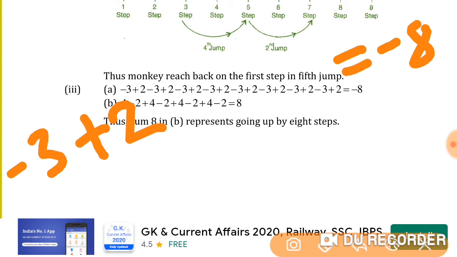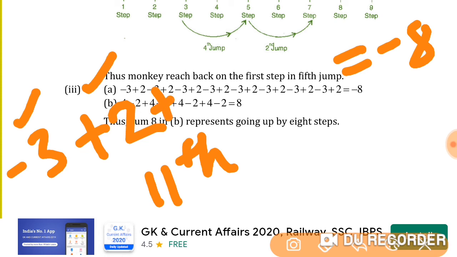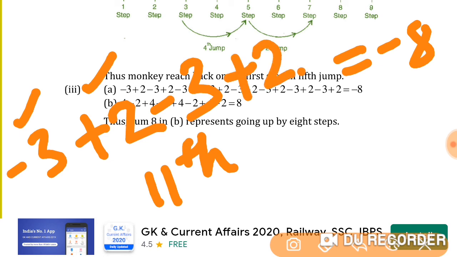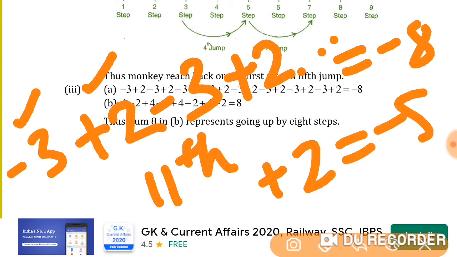So we already got the 11th jump as the answer, which means we have to write the numbers 11 times. That means it is the first jump, second jump, in the third jump, fourth, like this and so on. We write it till plus 2. We'll get a minus 8. Clear?